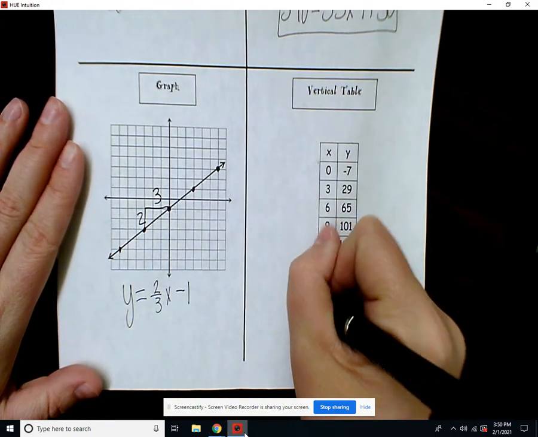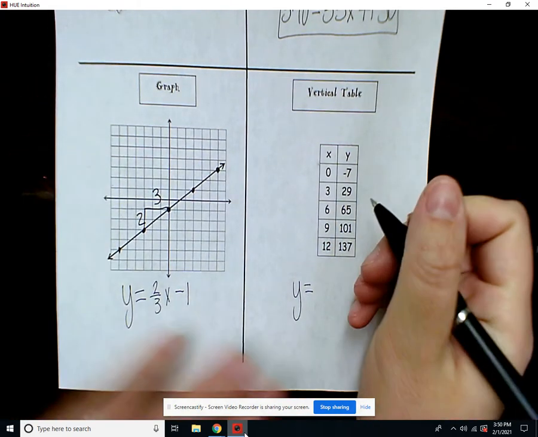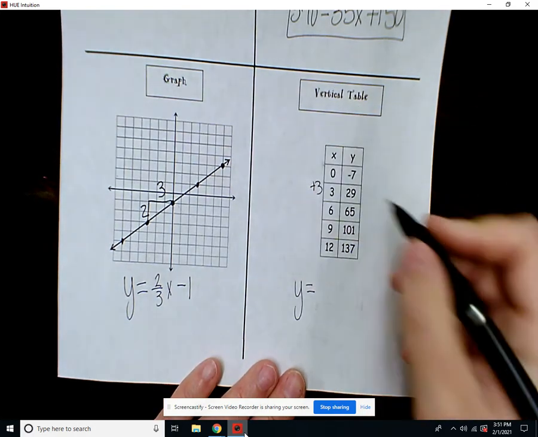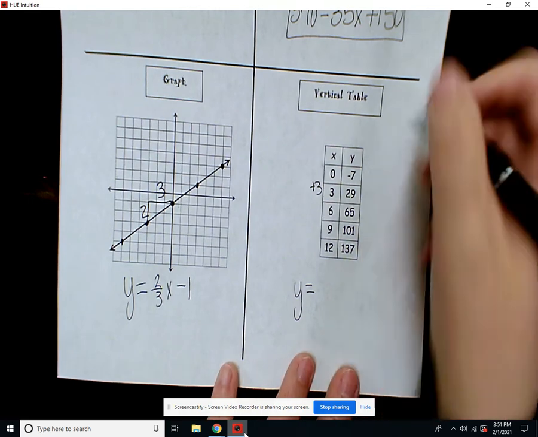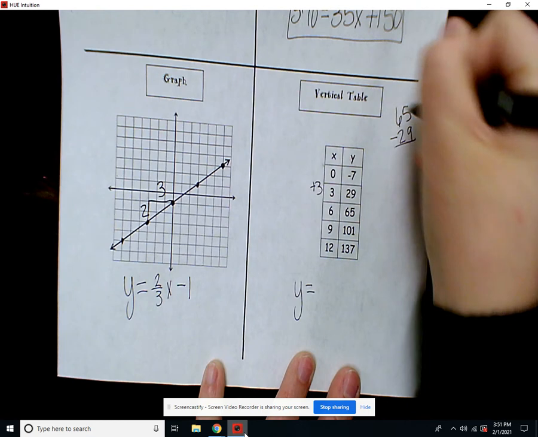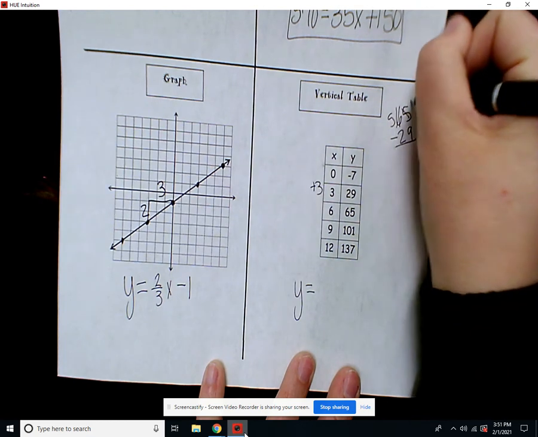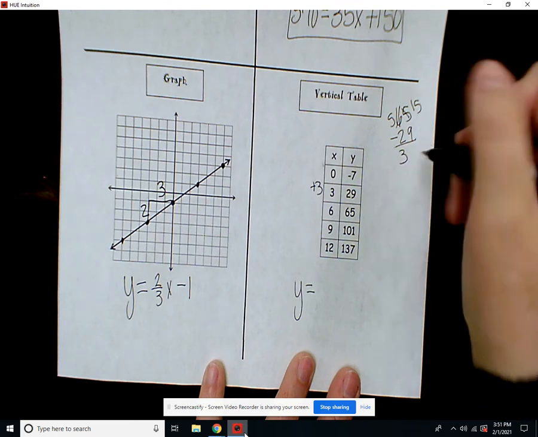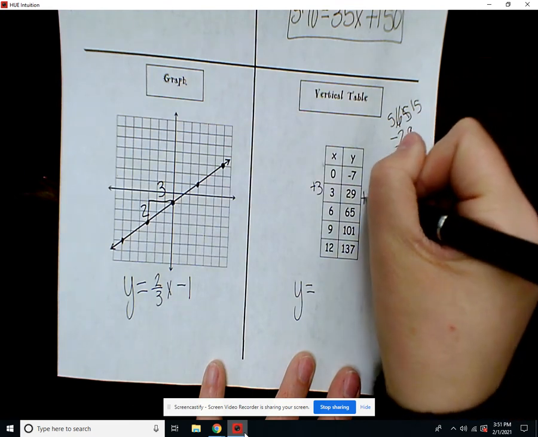Okay, and then for our table, we find our pattern in our x's, which is plus 3, our pattern in our y's. So this one we do a little bit of math on. So 65 minus 29 is 36.